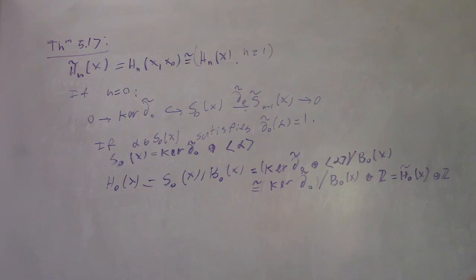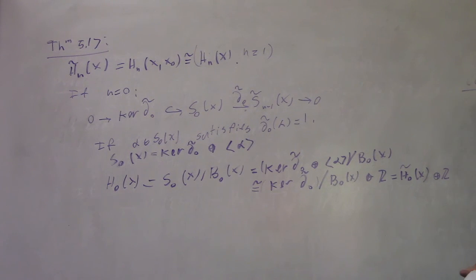All right, so this next corollary here is kind of technical, so I won't get into the proof of it. Essentially, it gives us a basis for the reduced homology group. Corollary 5.18. Let x sub lambda be the family of path components of X as before.